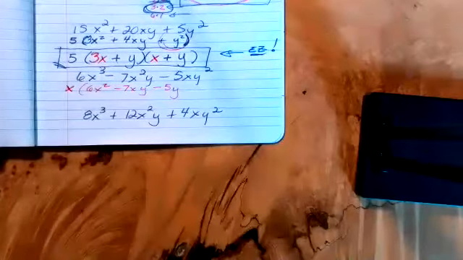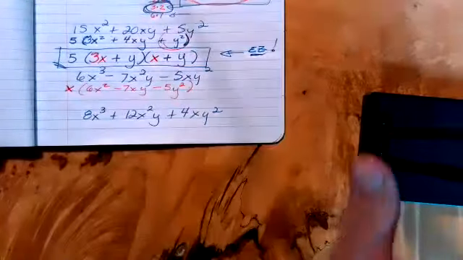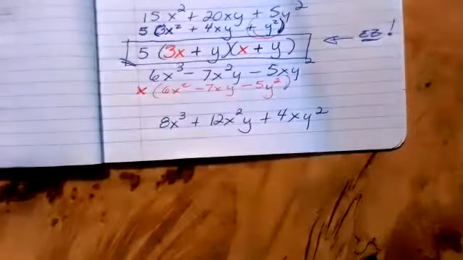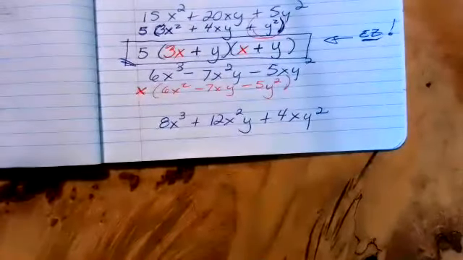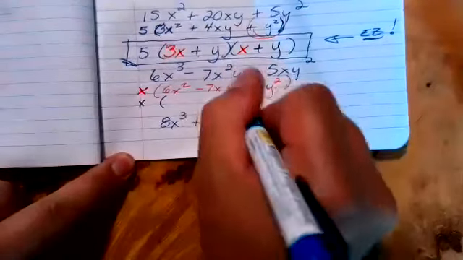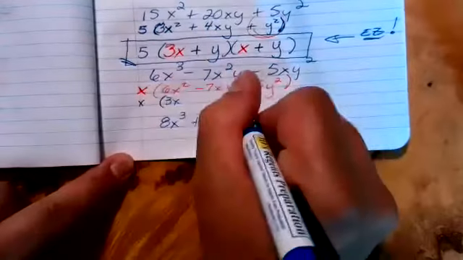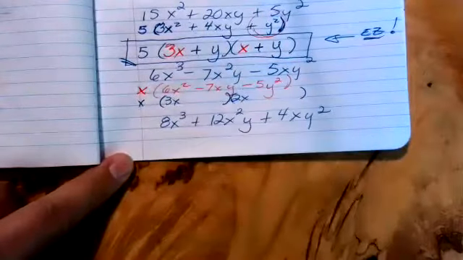I wrote this problem down wrong. Oh, no, y squared. I wrote it there. Y squared. So it's a trinomial. I create 2 sets of parentheses. I'm going to use 3x and 2x to give me my 6x.